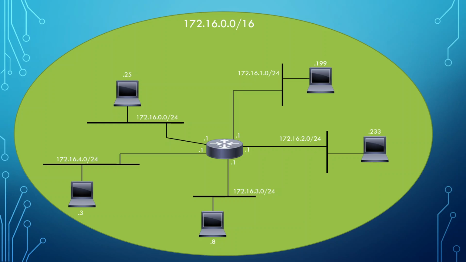Now, without subnetting, in order to get the same result, we would have to take multiple Class B networks or multiple Class C networks and assign them out to each individual link. Now we can just take one big Class B network, break that down into smaller networks, and then assign them out to our different network segments in our corporate environment.